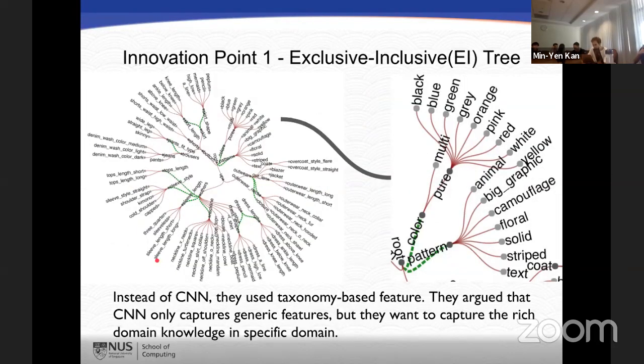Okay. You're saying that color and pattern can appear together, but then orange and pink cannot. No, what he means is that color and pattern can both appear, but a selection of a value cannot co-occur with another selection. So you wouldn't say that you have a pink and red dress.